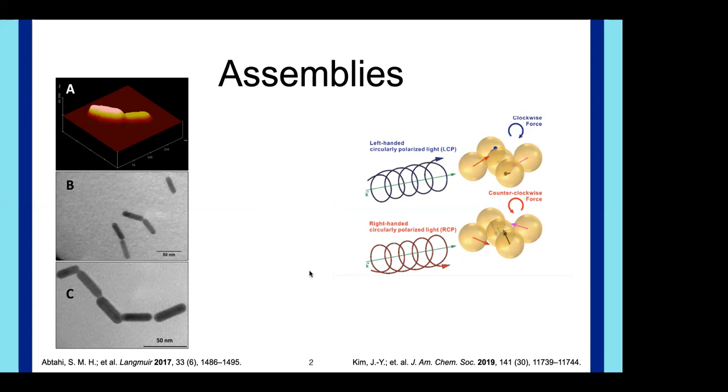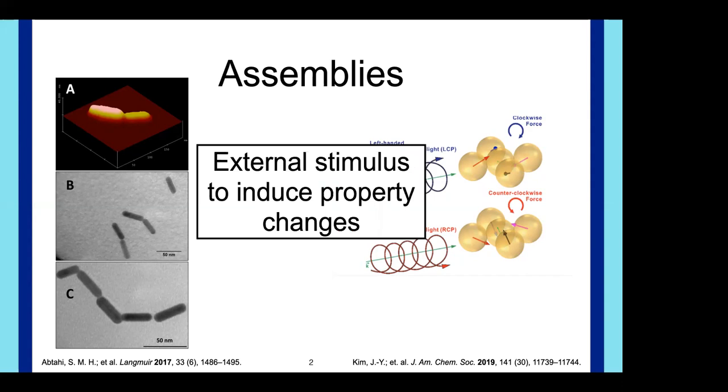What we're talking about with assemblies is some sort of agglomeration of monomer units with an additional external stimulus to induce some sort of property change. Something's going to be different about the assembly than you had with the monomer unit. Hopefully you'll be able to control that and pick what kind of properties you want to have here.